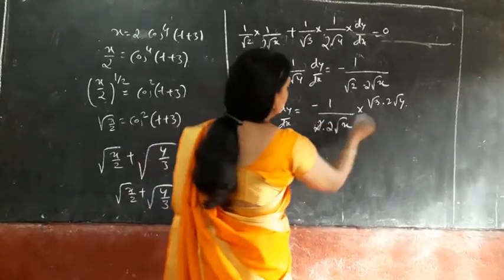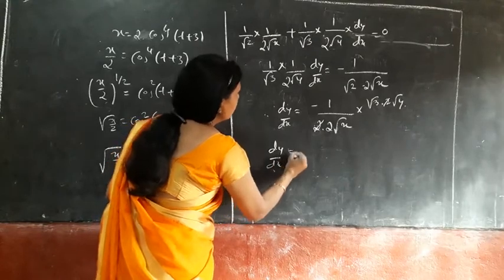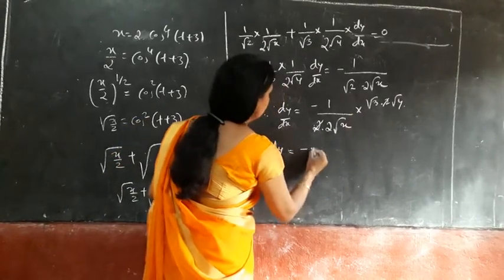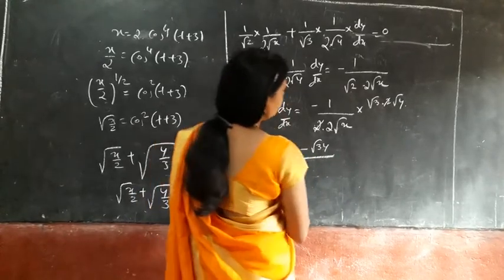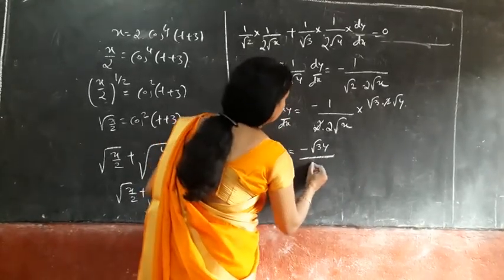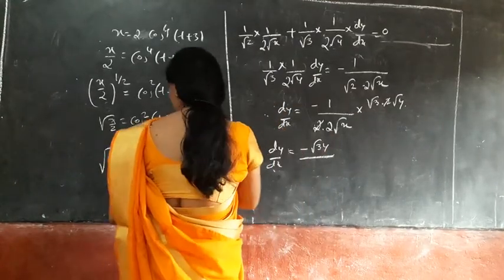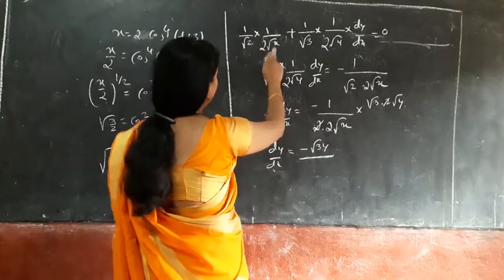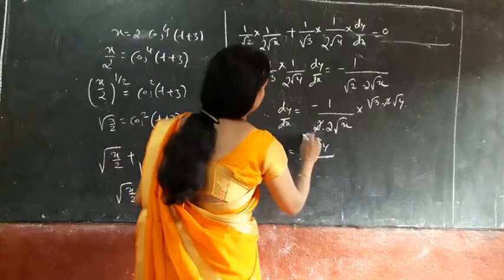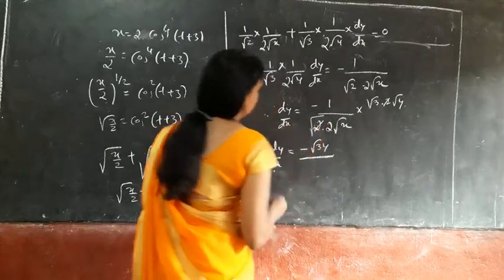Now here 2 gets cancelled, we get dy/dx equal to what remains here: minus √3 y divided by √2 into √x.